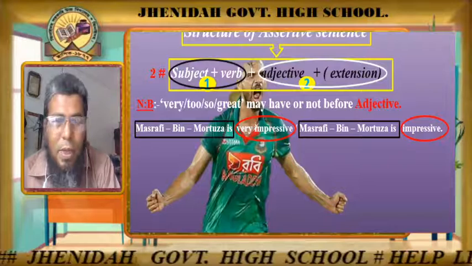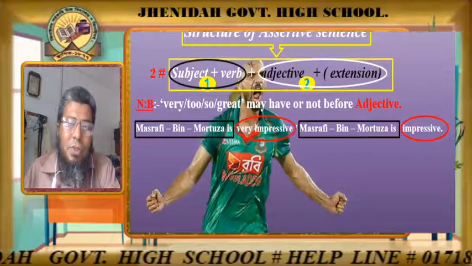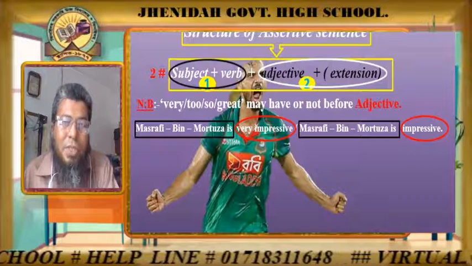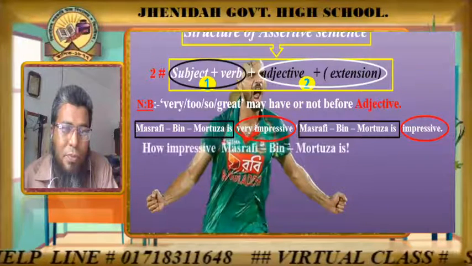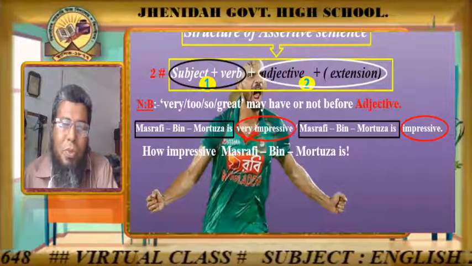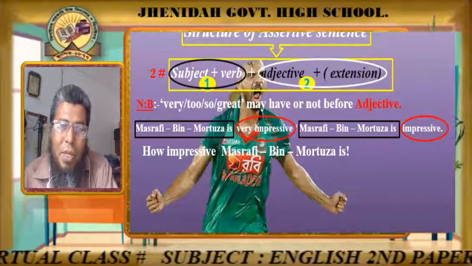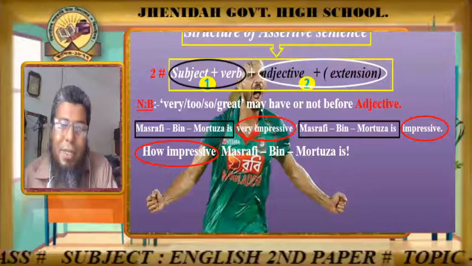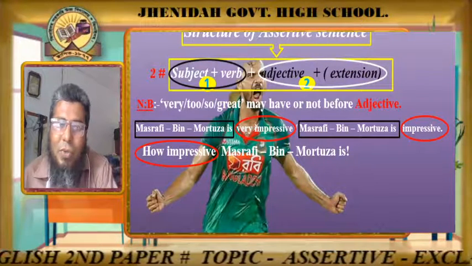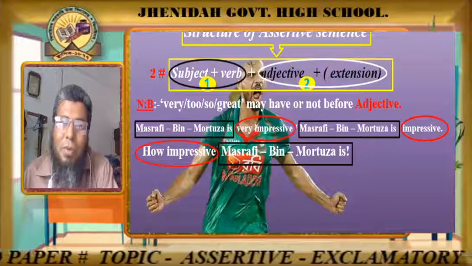Okay, so how can we change this assertive sentence into exclamatory? Now look, how impressive Mashrafi bin Murtuza is. That is how impressive, and the second portion is Mashrafi bin Murtuza is.